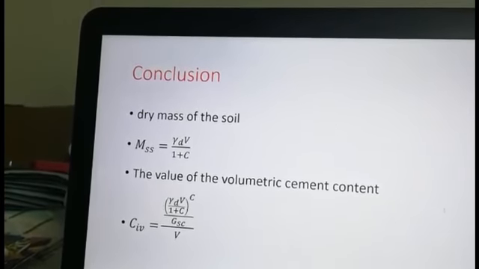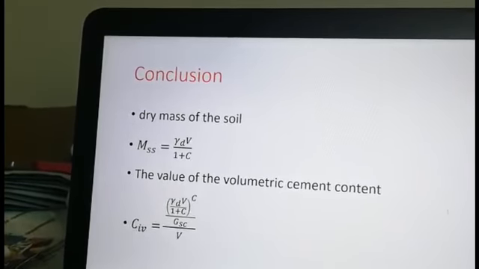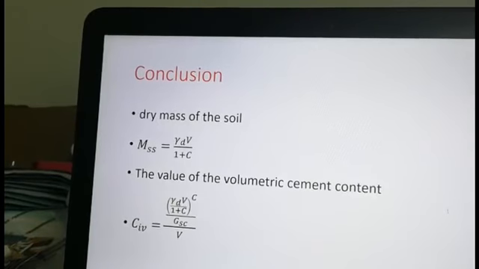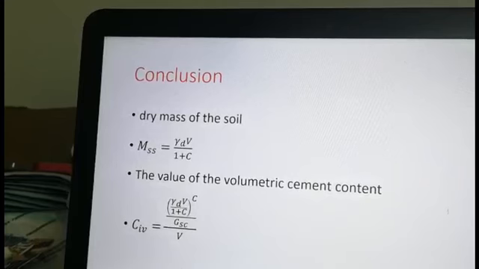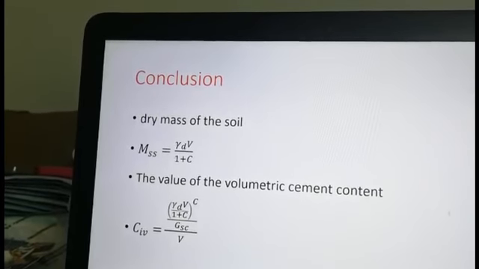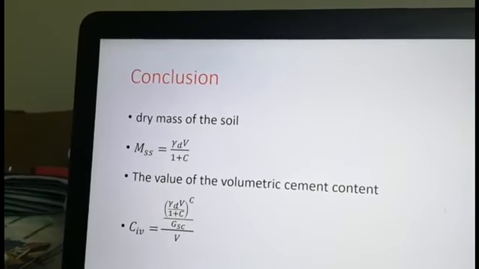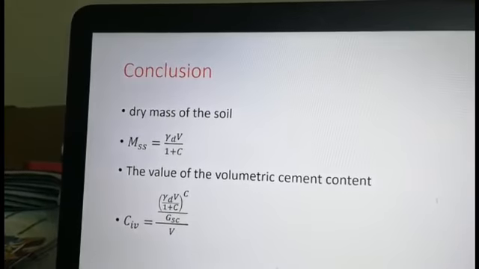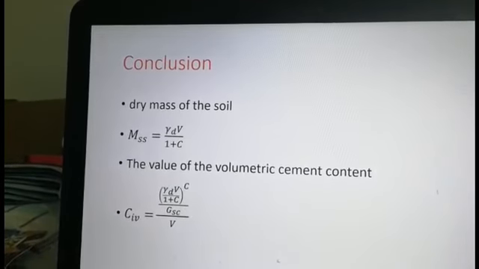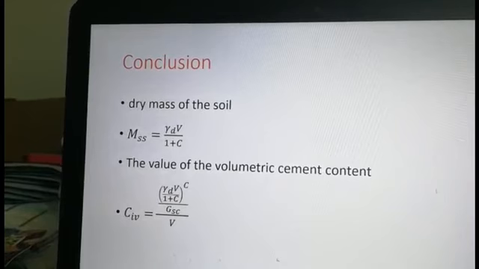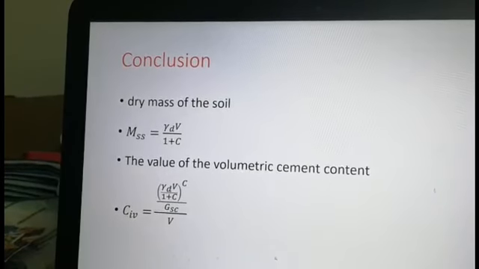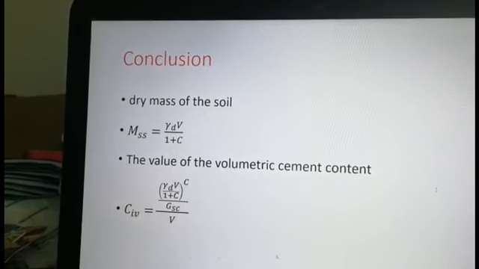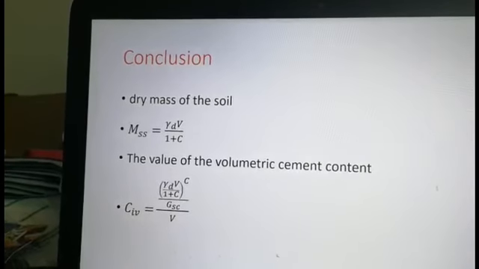Option 2, 7% of the cement content for reaching the requirements of the unconfined compressive strength with a dry unit weight of 16.4. According to the results of the options, builders can choose the option depending on the project requirements.